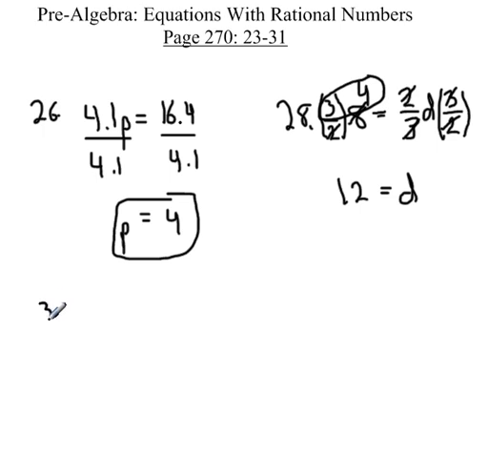Let's look at 30 next. Number 30 is 4 equals negative 1/8 q. Now the reciprocal here is negative 8 over 1, or just negative 8. I don't have to multiply by 1 up here. I don't have to divide by 1. I already know what happens when I divide by 1.